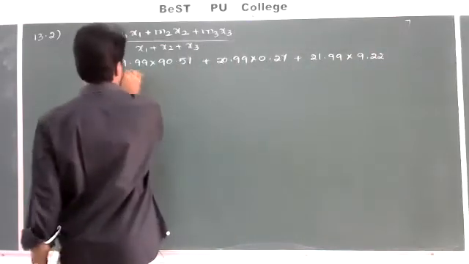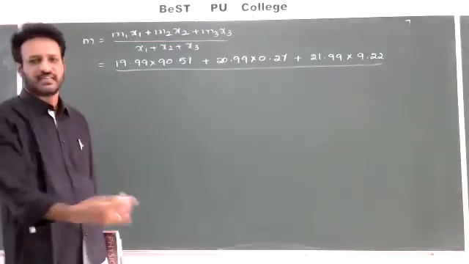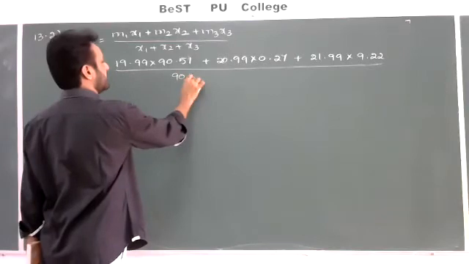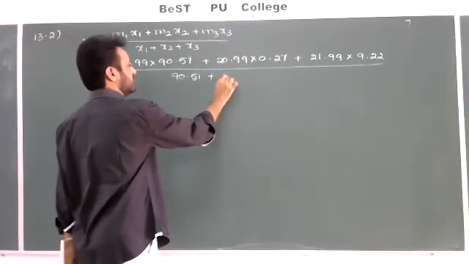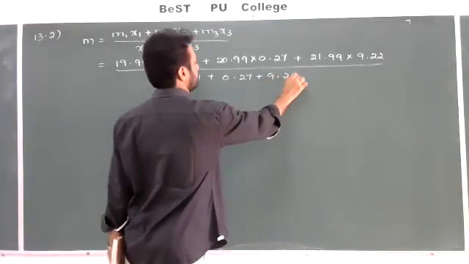So we should divide the value by 100. Always the denominator value should be 100, that means x1 plus x2 plus x3, 90.51 plus 0.27 plus 9.22.